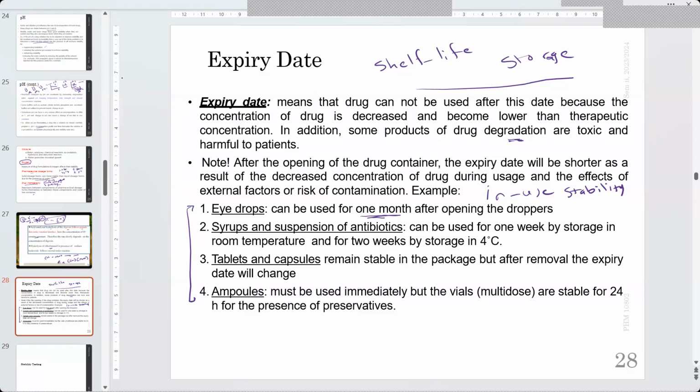For syrups and suspensions of antibiotics, here because of not microbial really, but because of chemical stability. You know the antibiotics, they don't come as ready-made, but they come as powder.